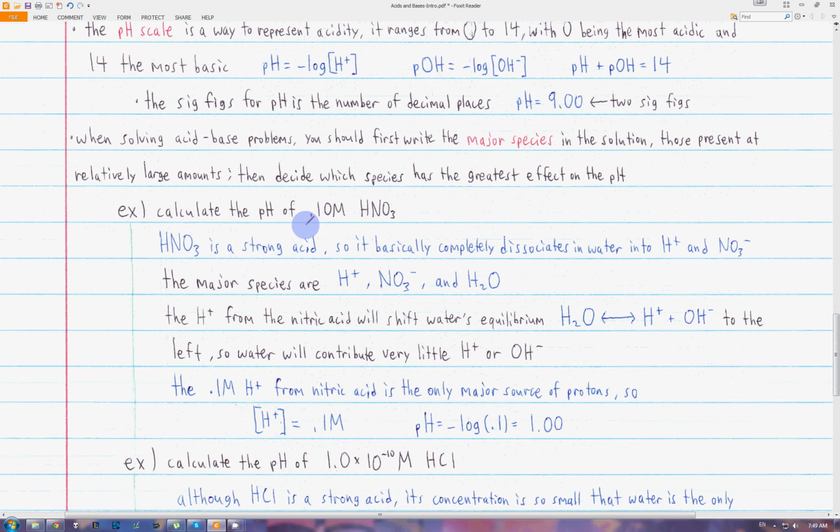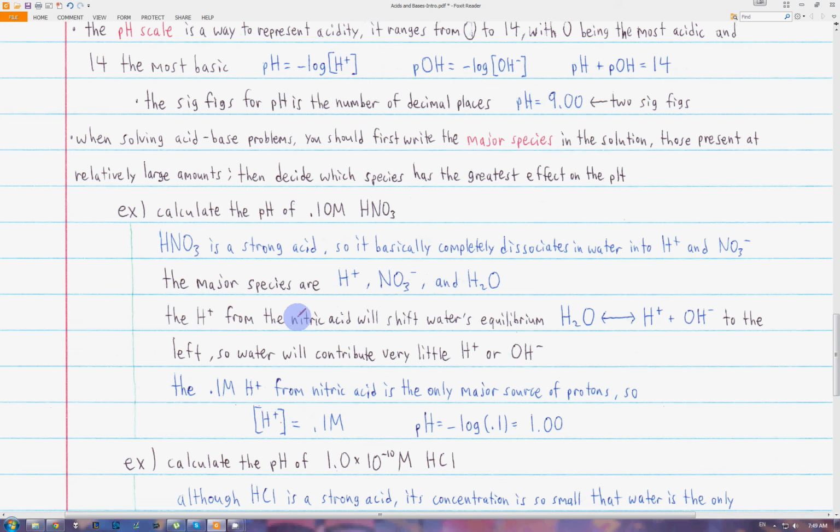So if we have a solution of 0.1 molar nitric acid, it is a strong acid, so it almost completely dissociates into its ions, H plus and NO3 minus, when put in water. So the major species will be H plus, NO3 minus, and H2O, since we are in water.